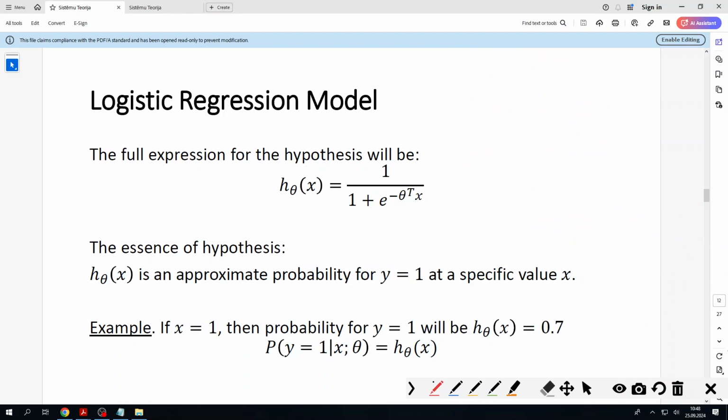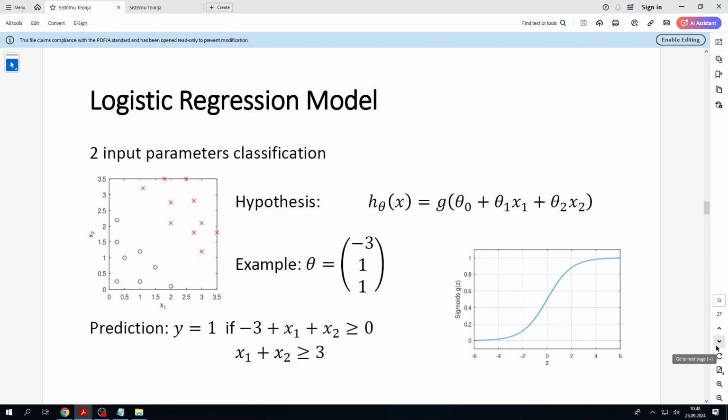In that sense, we can then write that this probability of the event happening for certain theta parameters, because these theta parameters are what we don't know, what we need to find by using the gradient descent method, is our hypothesis. So your hypothesis is the probability of the event happening being true, which we are then trying to predict.